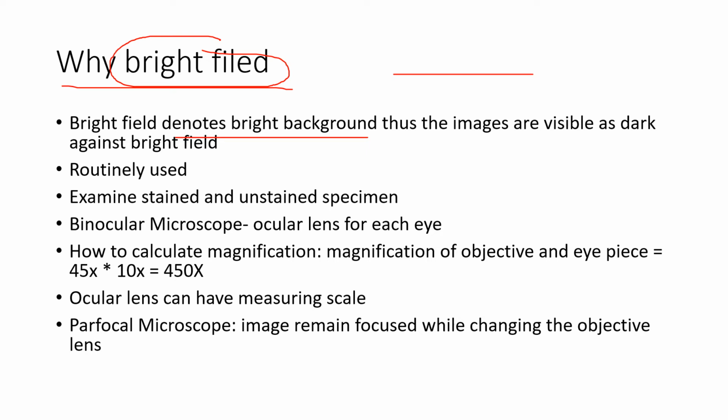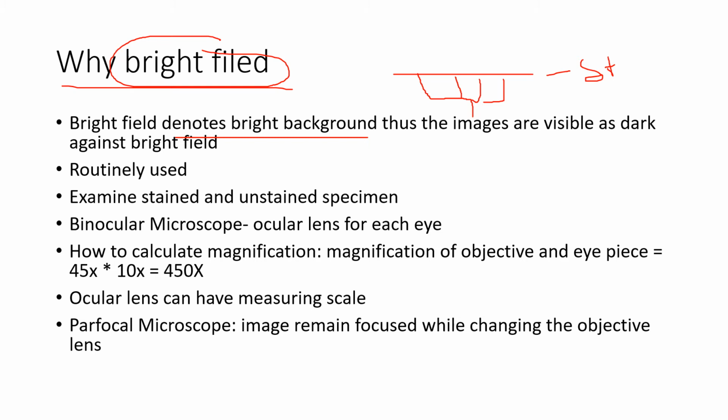Whenever the bulb is illuminated and light passes through the condenser, all the light passes through the stage. When the light passes through the stage, it hits not only the specimen but also the field around it. When light passes through the field, it hits the objective and the path of the field becomes visible. When it hits the specimen, the path again becomes visible.